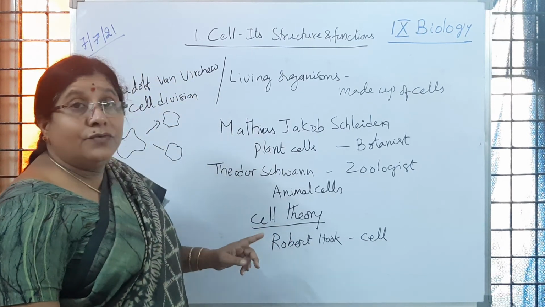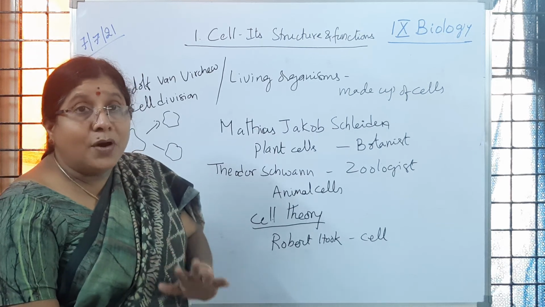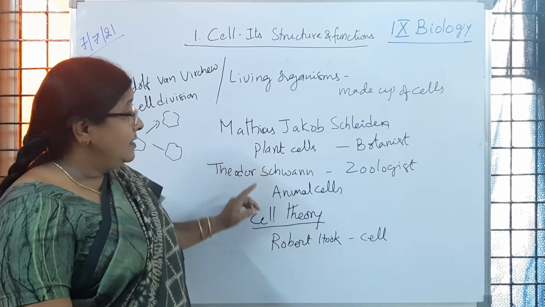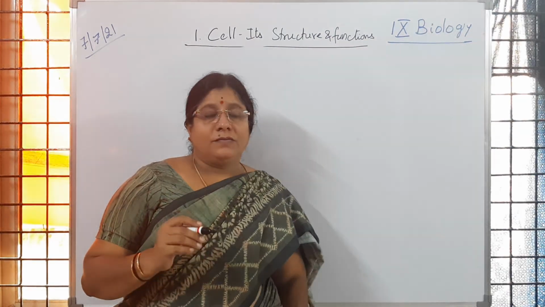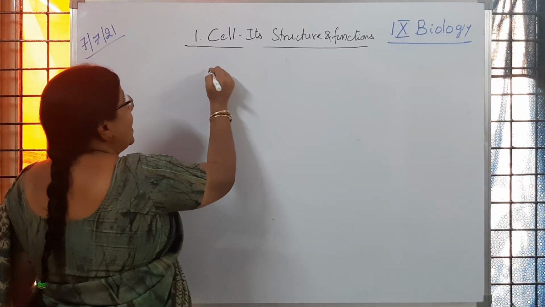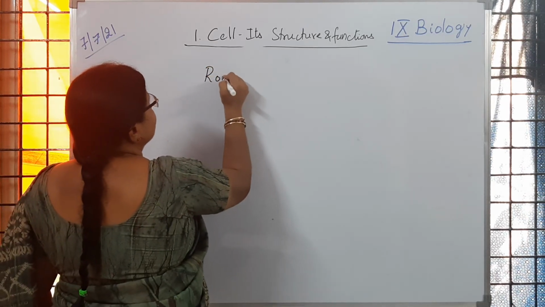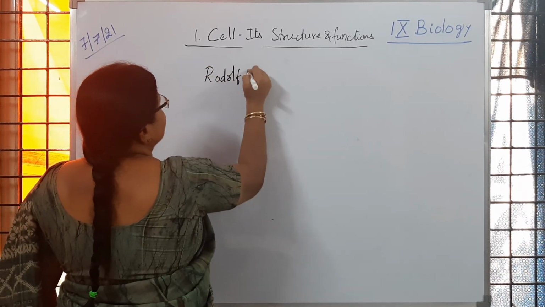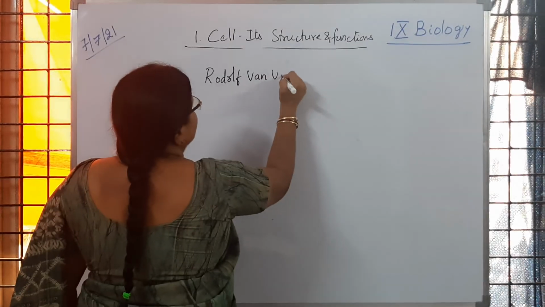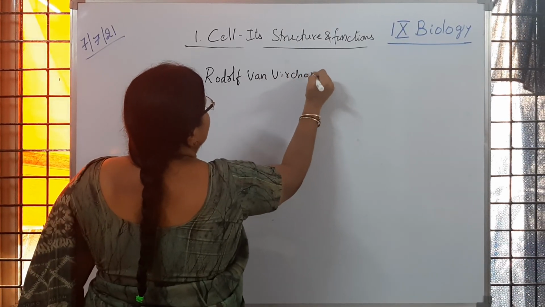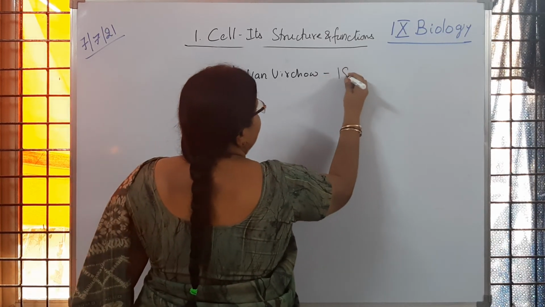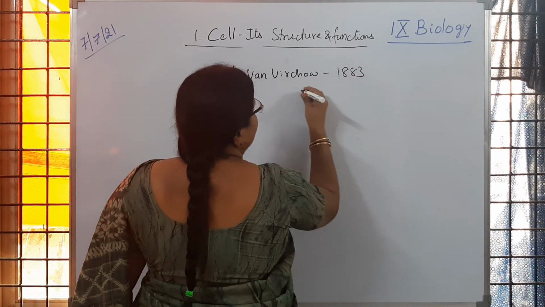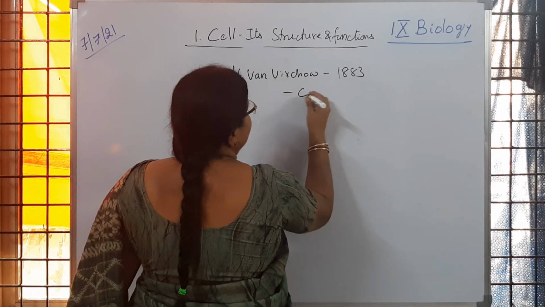Now we are going to learn about the principle. Rudolf van Virchow, in 1855, proposed the process of cell division.